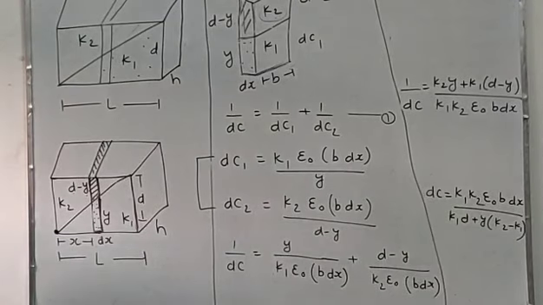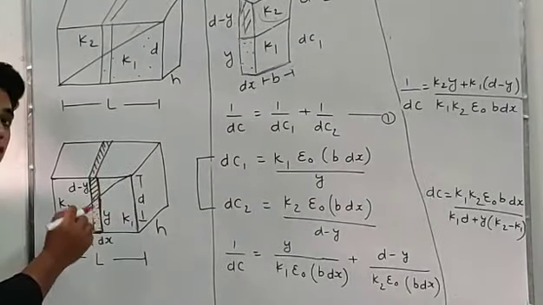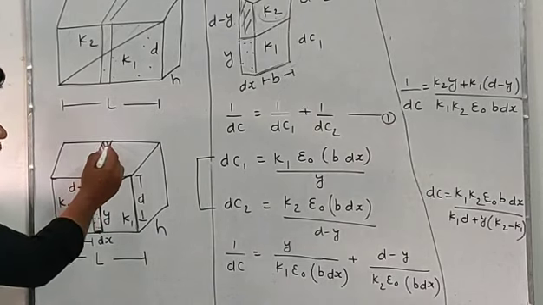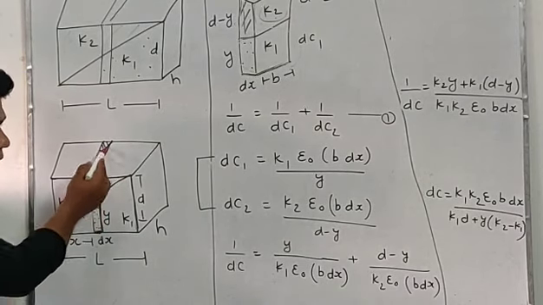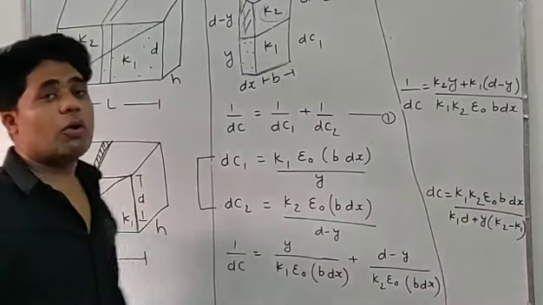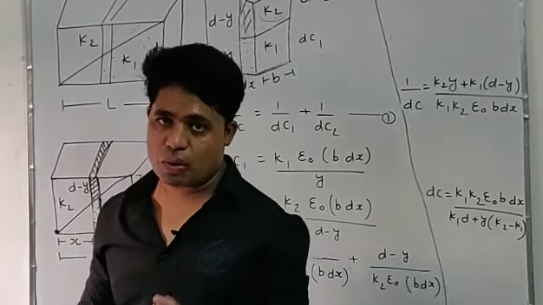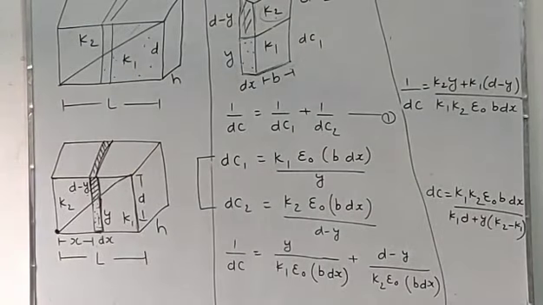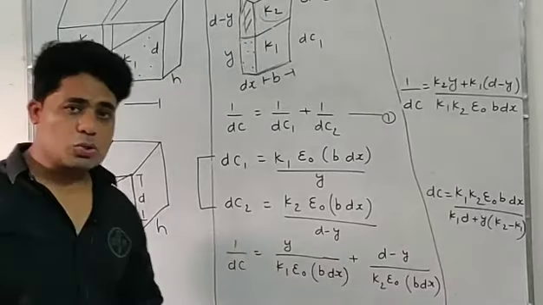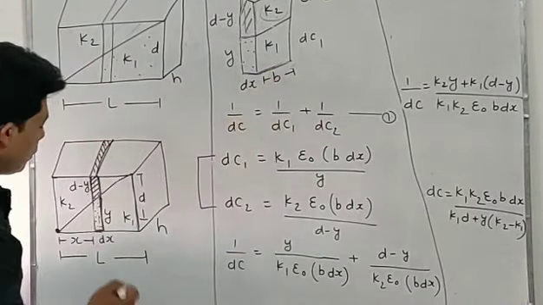Now students, we'll find the total capacitance. First of all, find the small capacitance of this small segment. After getting the capacitance of this small segment, we'll calculate the total capacitance of the capacitor. I have shown this diagram here.